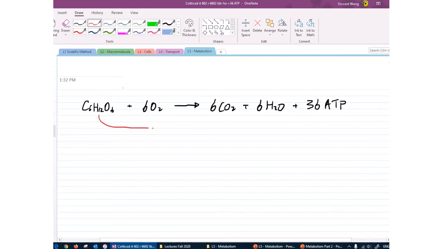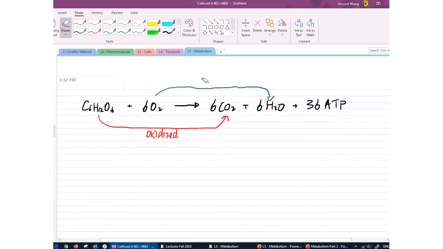All right, so the glucose is going to be oxidized into carbon dioxide. That means it's going to be releasing electrons, and as you strip electrons away from the glucose, they will be picked up by energy carrier, which then will deposit the electron at the electron transport chain, and ultimately the oxygen will be receiving those electrons at the bottom of the ETC, and as they receive the electron, they will be reduced into water molecule.